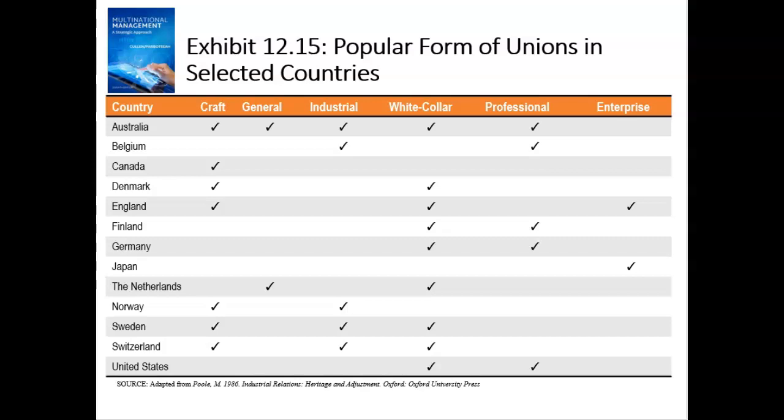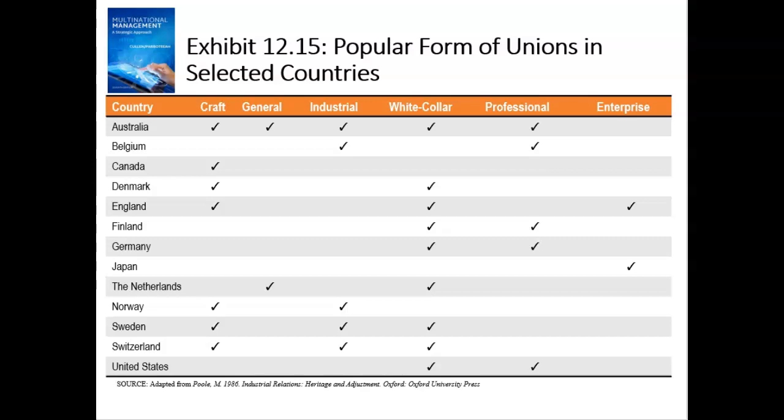For example, in Israel, there is a union that represents workers in various industries: education, sanitation, transportation, government workers. And that union has become so powerful that it can paralyze the country until its demands are met. Other countries might have white-collar or professional unions, which represent a particular occupational group. It's just similar to a craft union.